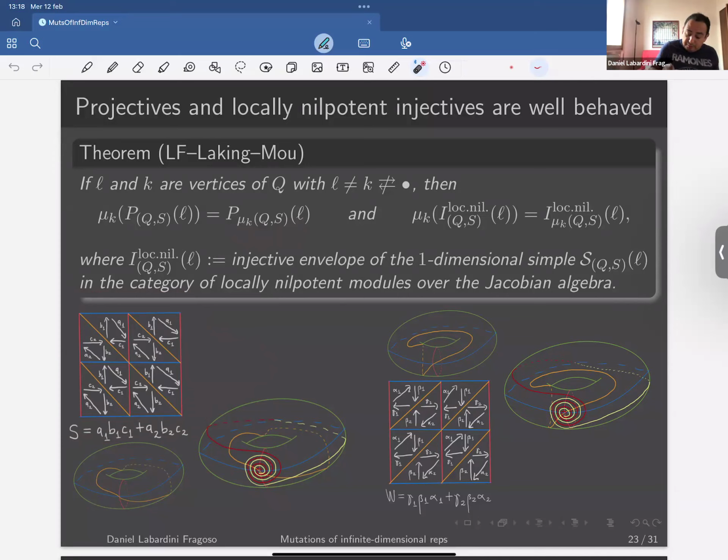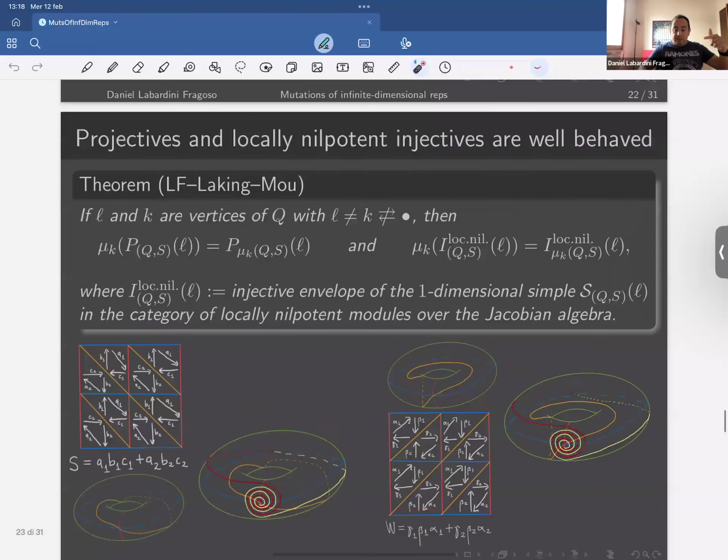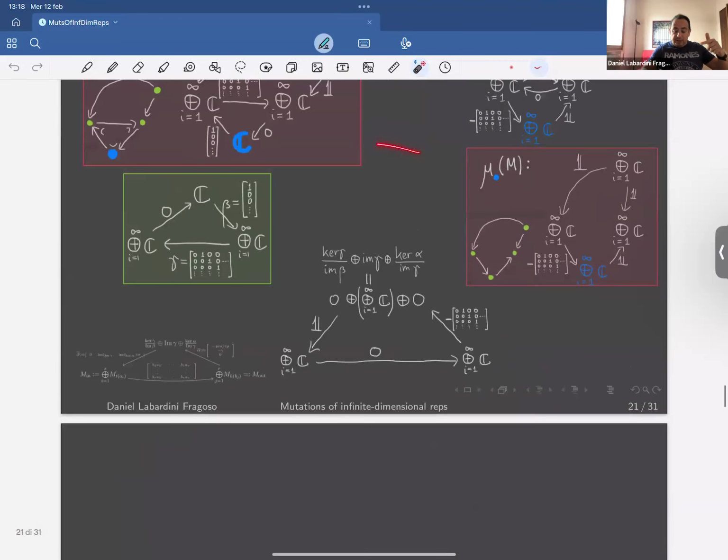But the point is that you can see that the projective also arises from a given curve, which is the same curve on the torus in both situations. So this is consistent with the previous example that I gave you.